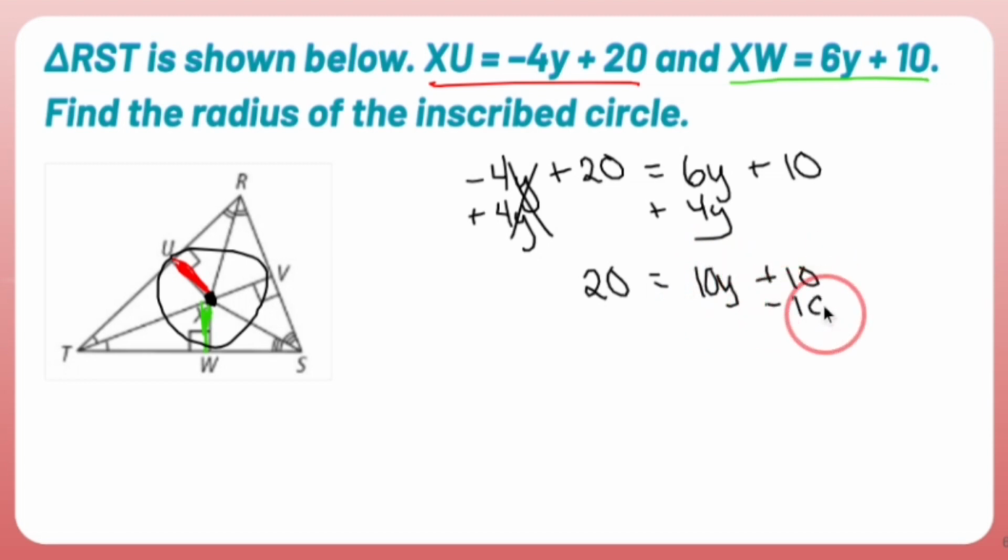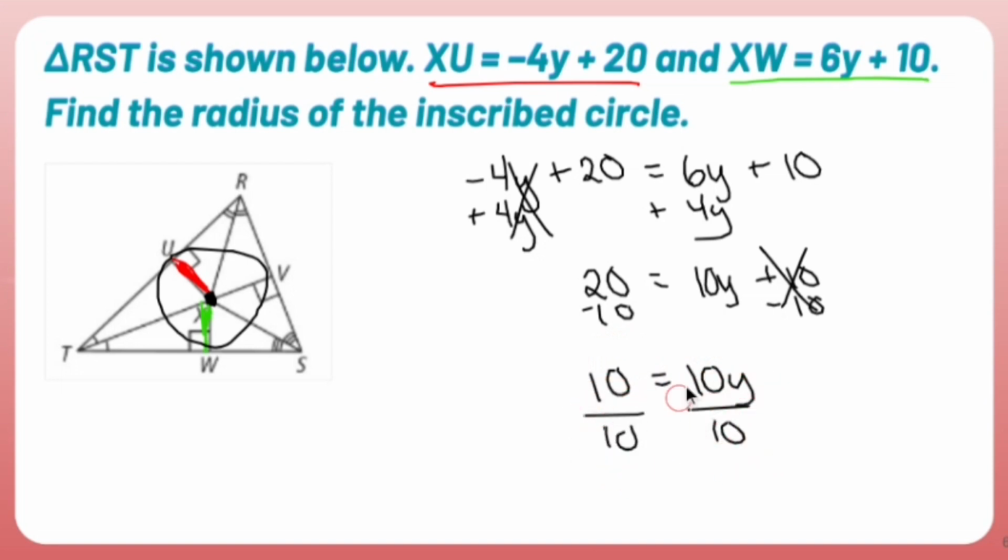Okay, minus 10. 20 minus 10 is 10. 10 equals 10y. Divide both sides by 10. y equals 1. Circle it.